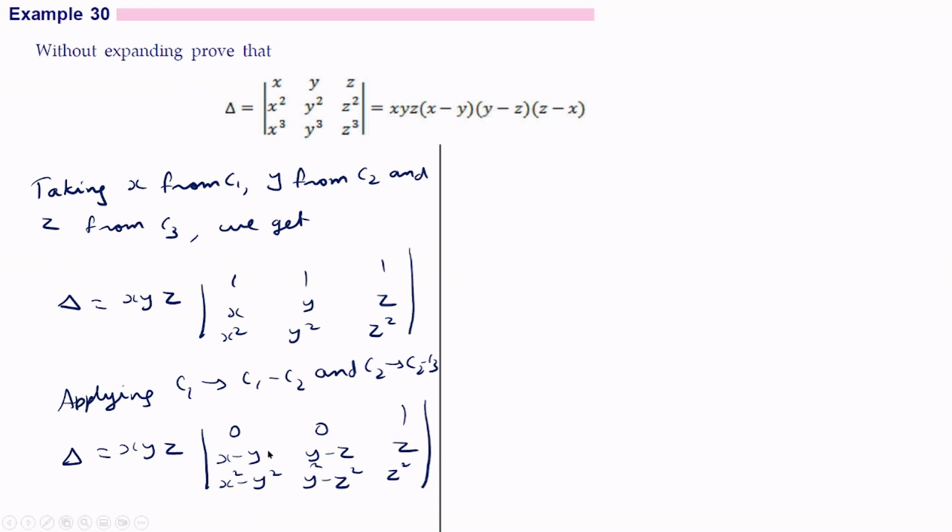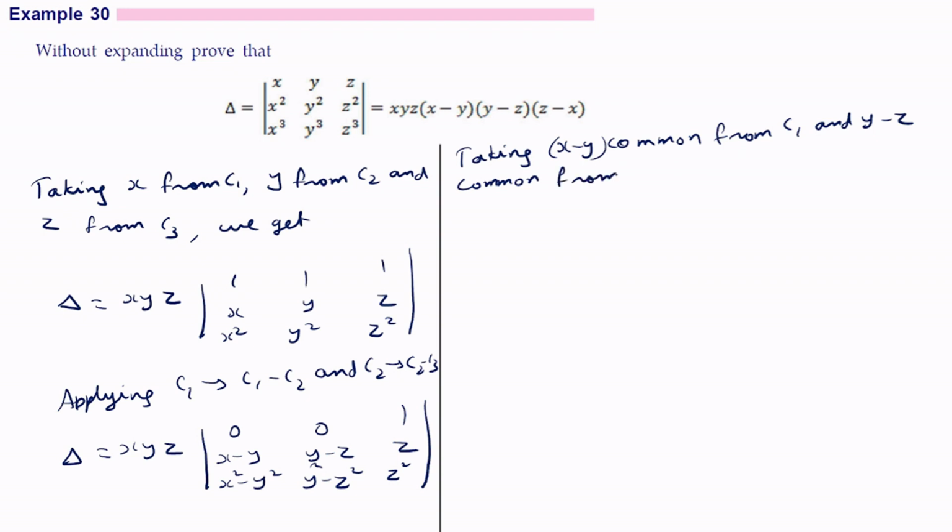Again here we can see that x minus y is common here and y minus z is common here. That can be taken outside. Taking x minus y common from C1 and y minus z common from C2.